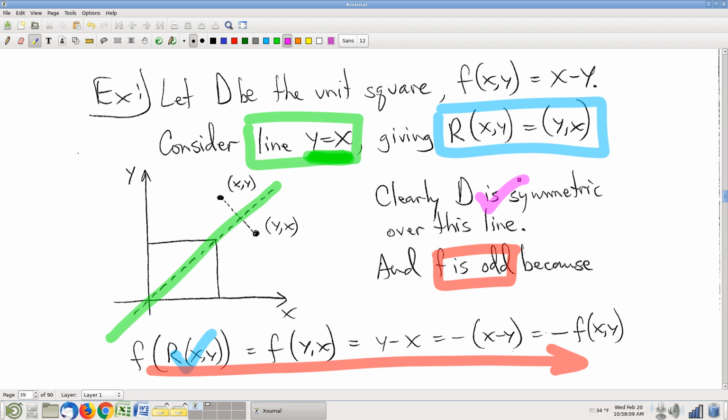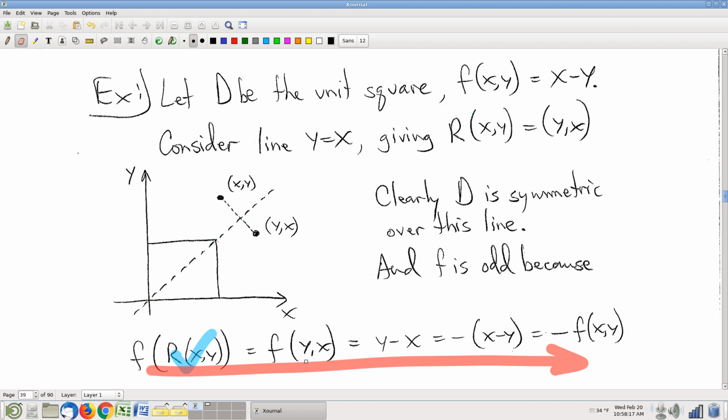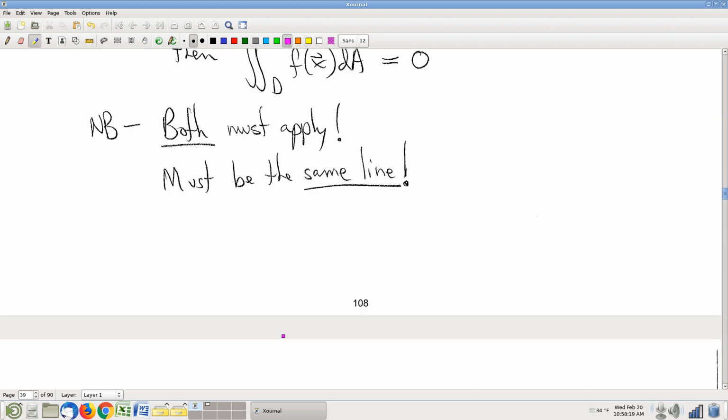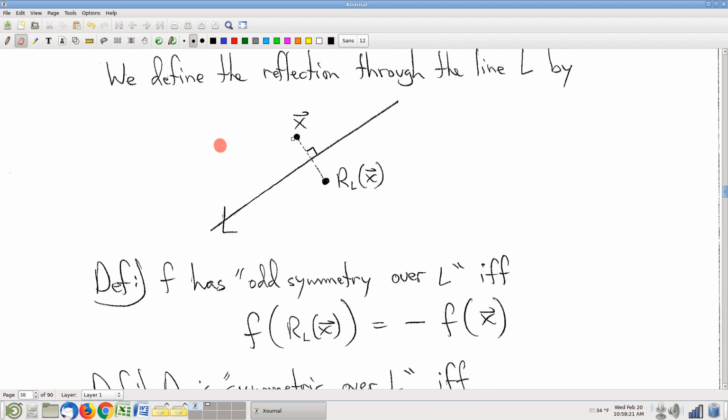Yes? Can you explain again f of r above x, y? Yeah, so that's this. That's how we define what it means for a function to have odd symmetry. I need to know that if you look at a point versus its reflection, the values of the function at these 2 points have to be negatives of each other.